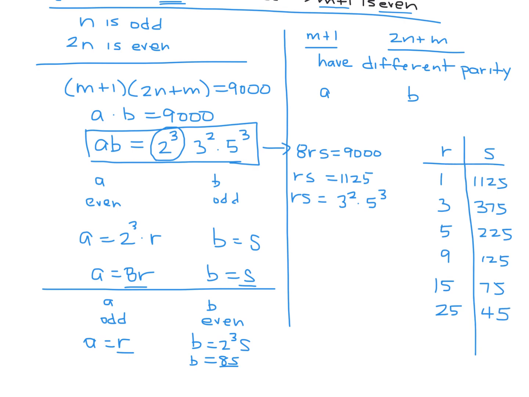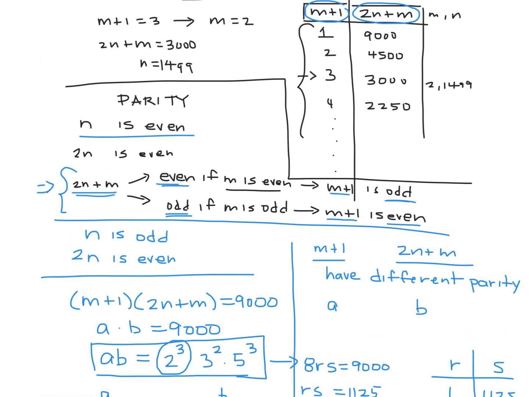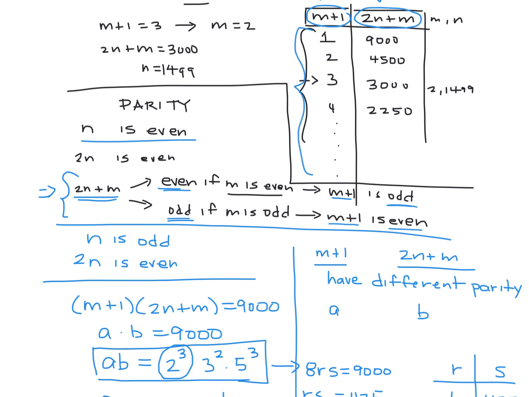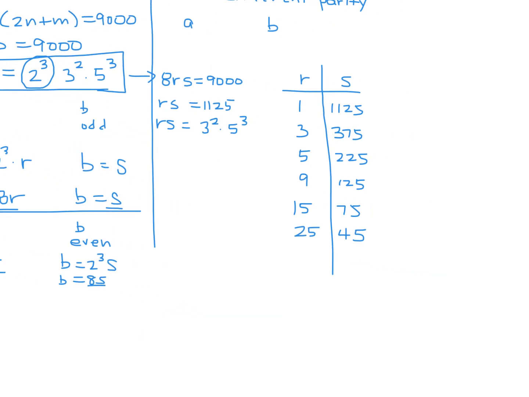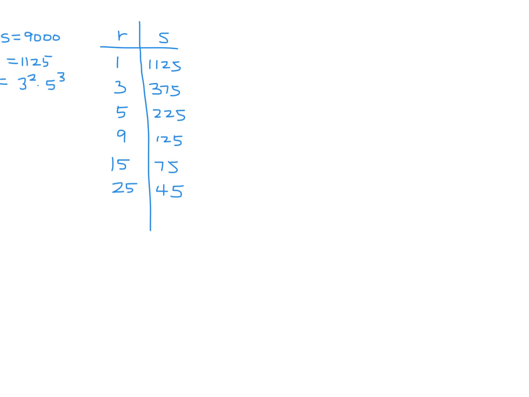As you can see, that's far less than our previous one up here, which would have been very time consuming. Okay, so now we got this. We can now make a list for A and B. Now A, remember, we have as 8r and B is s.